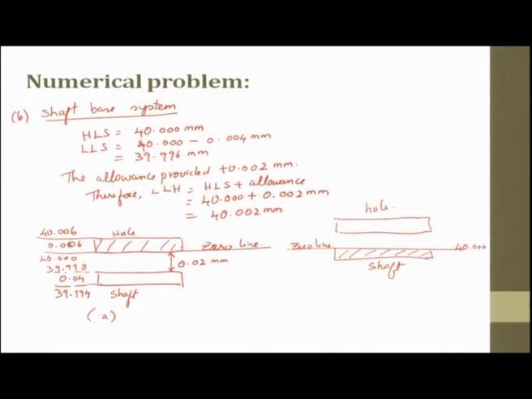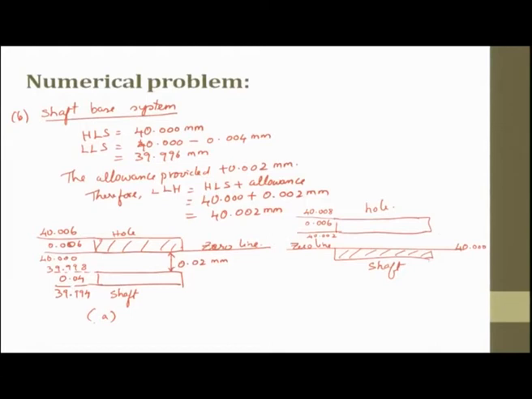Here this is going to be 40.002 and this is going to be 40.008, so the difference is 0.006.